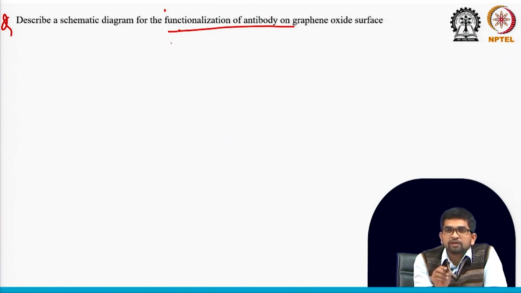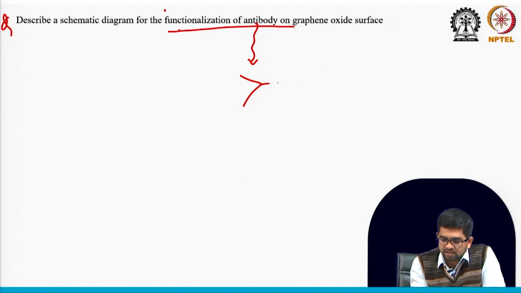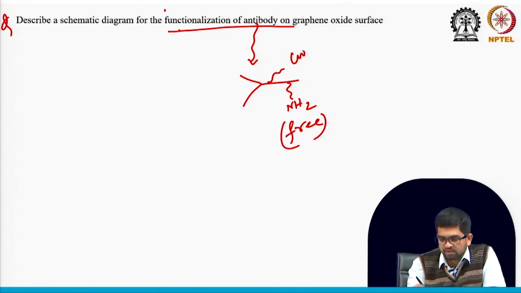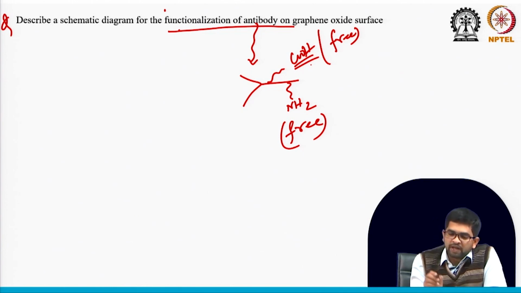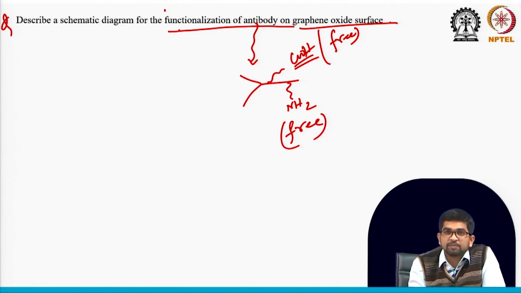When we ask this kind of question, immediately think: antibody means it has many functional groups, free amine groups or carboxylic groups, COOH or NH2, that you have to functionalize on the graphene oxide surface.